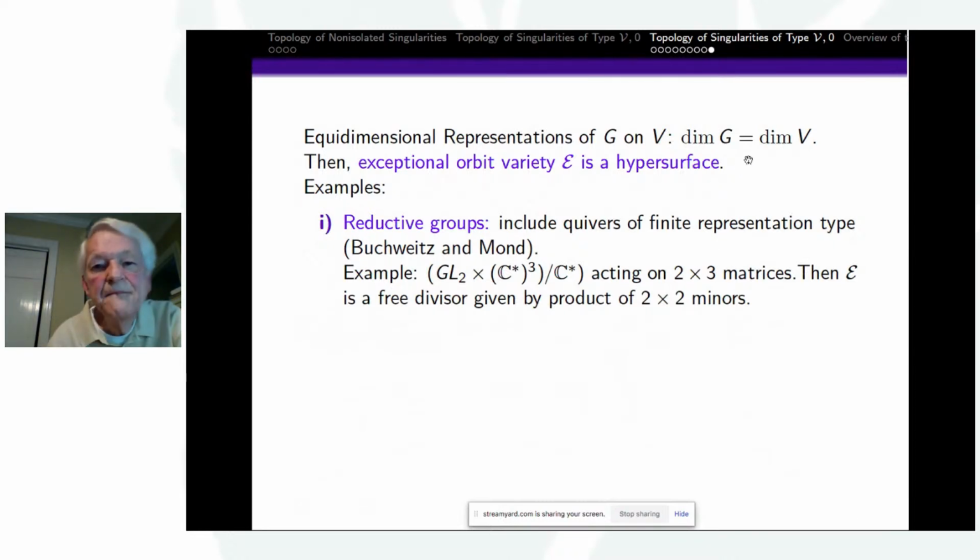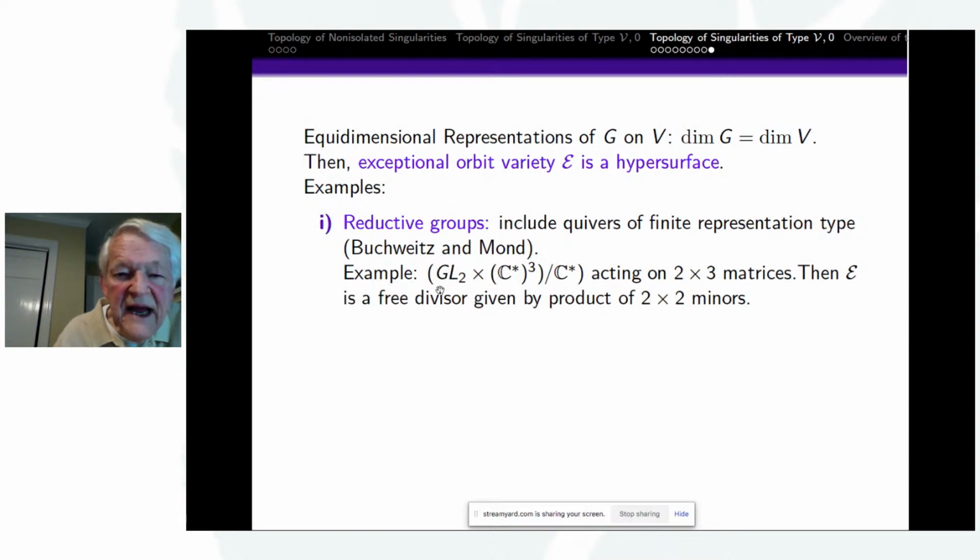So if we take one of these representations of G on V, there are special cases where the dimension of G equals the dimension of V. In this case, the exceptional orbit variety is a hypersurface. Two examples are Buchweitz and Mond. They showed that when you have reductive groups operating on what is called the representation space for quivers of finite type, these always give free divisors.